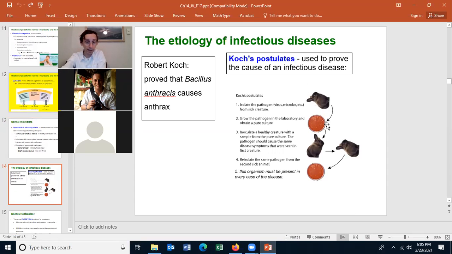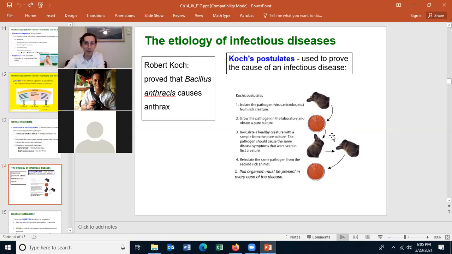And then you take that pure culture and you inject it into a healthy organism. And if that healthy organism then becomes sick with the same disease we saw before, we say that this organism causes that disease. And Koch's postulates go one step further to prove that this disease is caused by this organism.